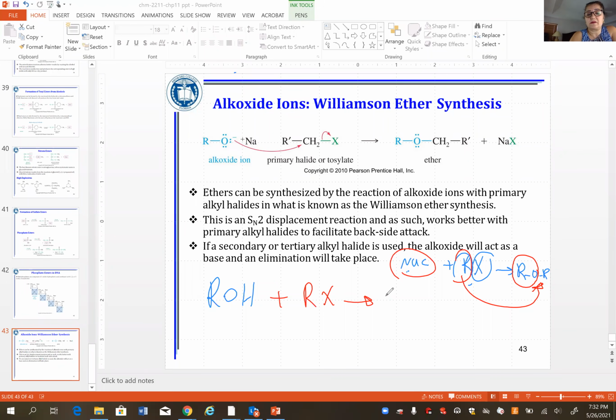Just making RO and then R. But is this suitable? Is this a good nucleophile? ROH is not a good nucleophile. Can I change this to a better nucleophile? If I make this a much stronger nucleophile, it's going to make this reaction much faster. So how do I change to this better nucleophile?